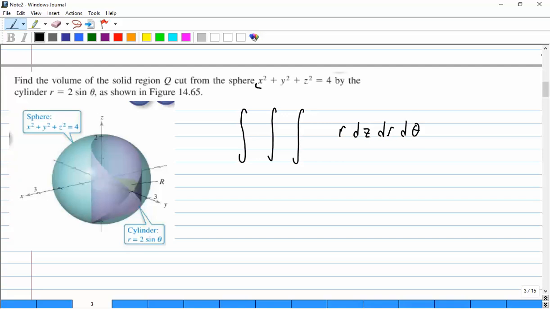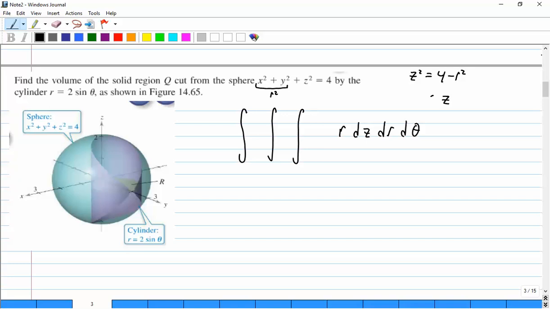So what we have to do is take x squared plus y squared, let that be r squared. And then if I move the r squared over, I'll have z squared equals 4 minus r squared, right? And if I take the square root of both sides, then I'll have plus or minus the square root of 4 minus r squared.